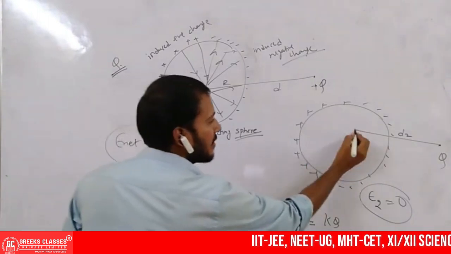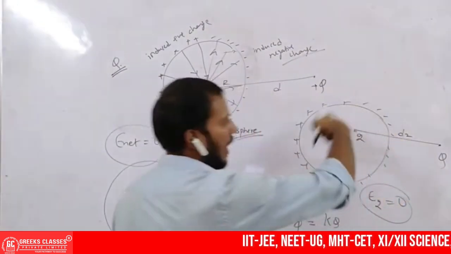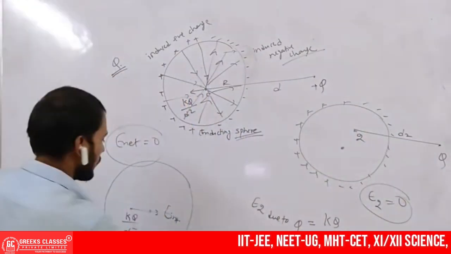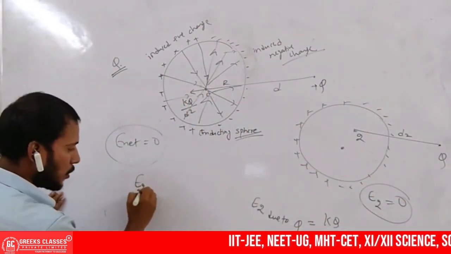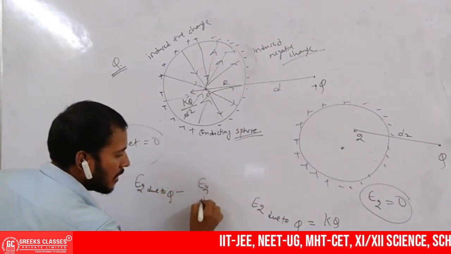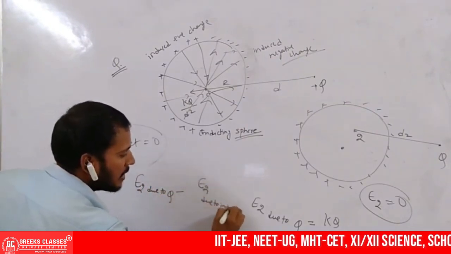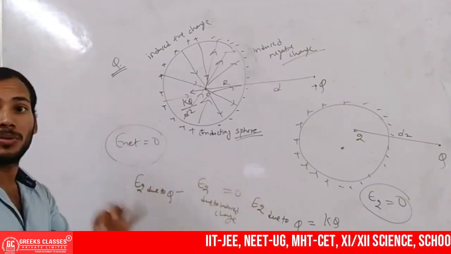At point 2 there are two electric fields, one due to q and another due to the induced charge. E2 due to q minus E2 due to induced charge; these are the two fields and the sum should be equal to 0.